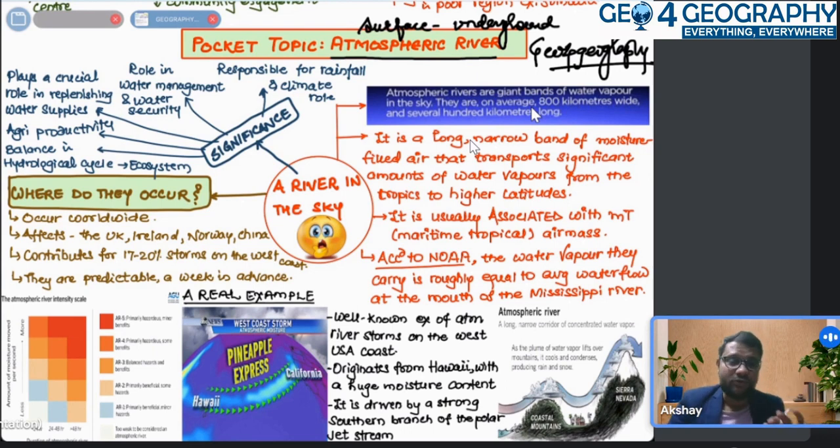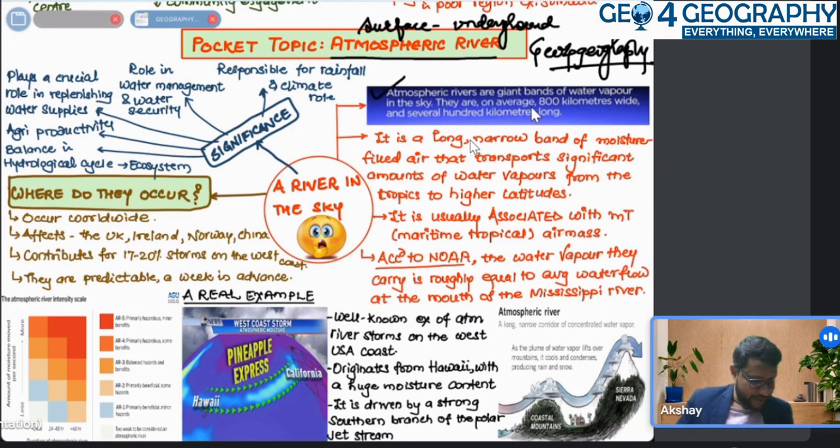The answer is no. You'll find water in the form of moisture, in the form of vapor, which forms a definite flow of vapor-like structure over in the atmosphere, and that is simply an atmospheric river.